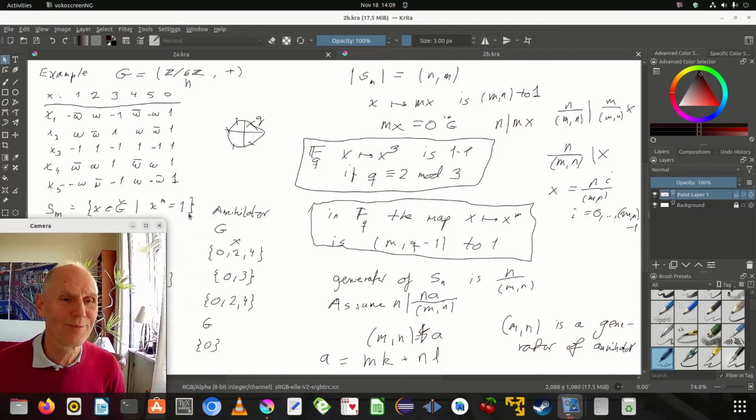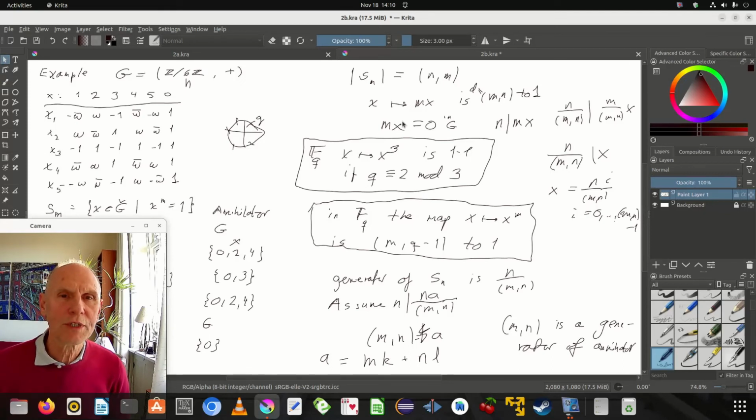We look at the map to the mth power, and that mapping maps the greatest common divisor, let's call it D, to 1. I need to prove that.